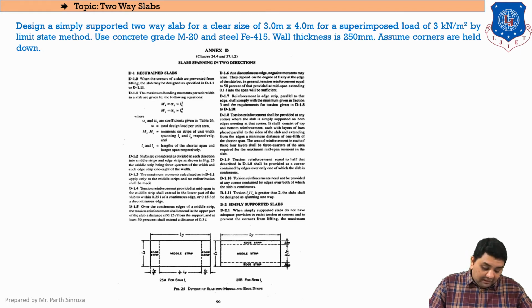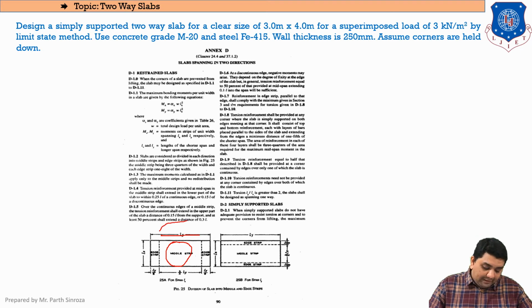Now keep in mind, if we calculate the steel content for the middle strip, our steel bars don't extend to the edge of the strip. Clear? If they do not extend to the edge of the strip, there is no point in providing bent up bars, because bent up bars are to be provided at supports.